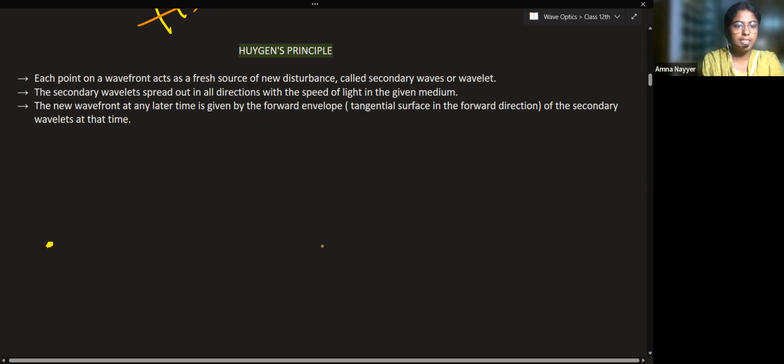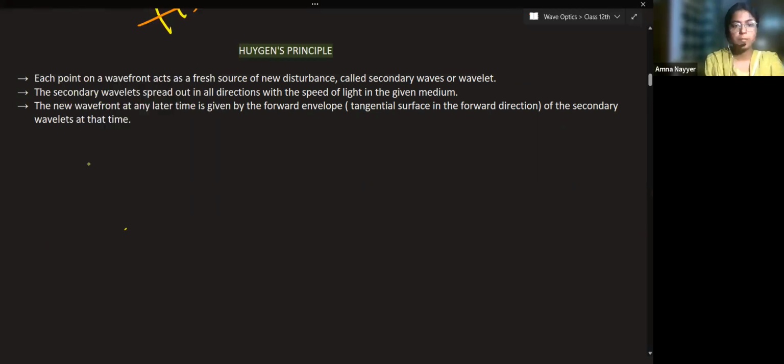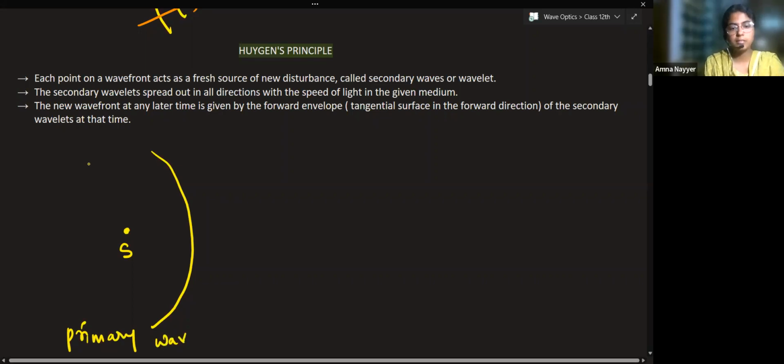Let's say this is some source. This has generated a primary wavefront.